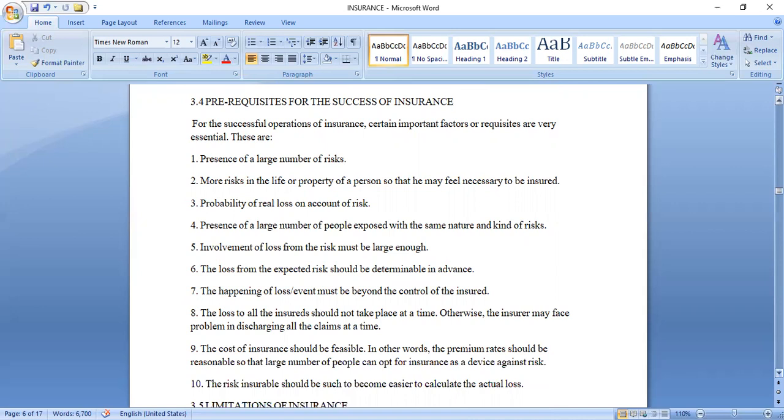For example, at individual level, if it is life insurance, you must expect a substantial number of risks that could happen in your life, right? Take crop insurance in agriculture.